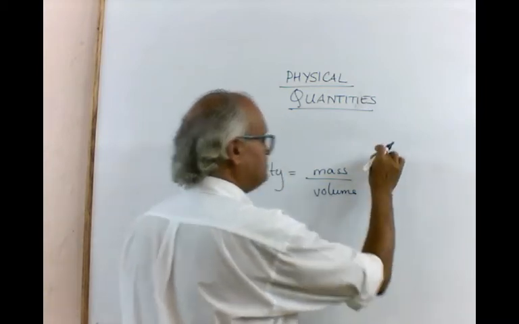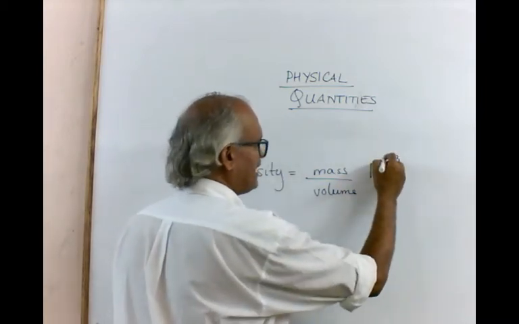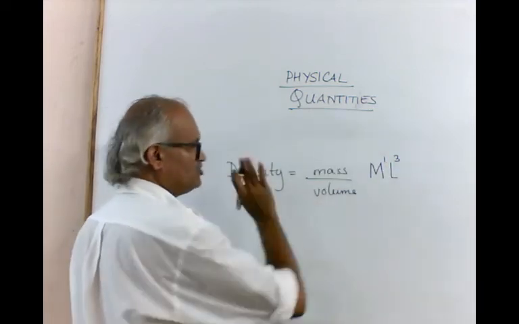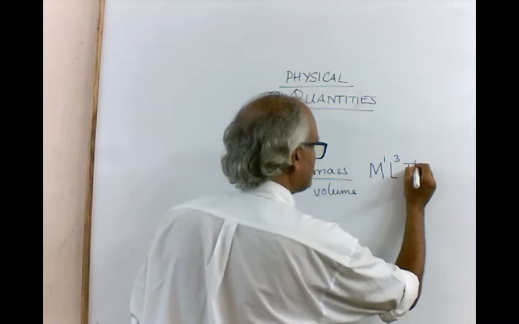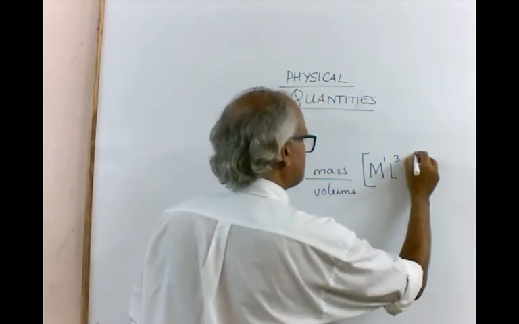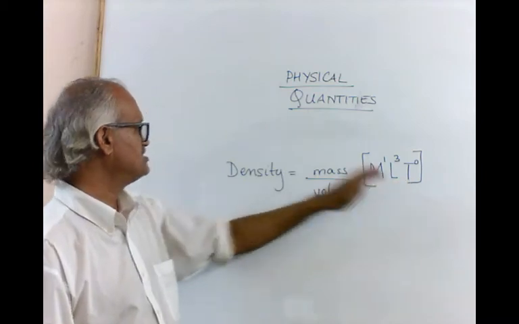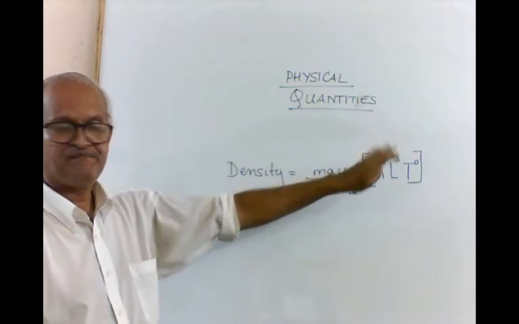So M raised to 1, the one you need not write, L raised to 3. And is time anywhere here? No, it is not there. So T raised to 0. All of this expressed in square brackets. These become the dimensions of density.